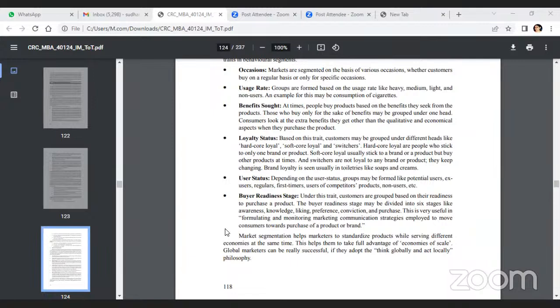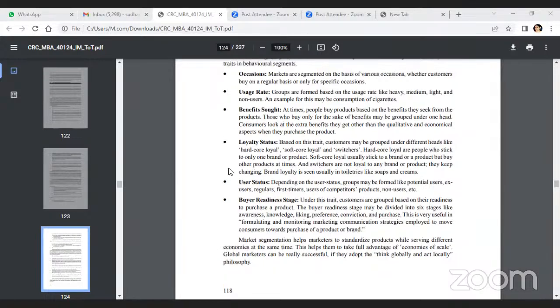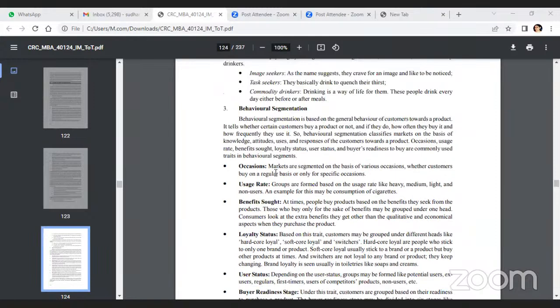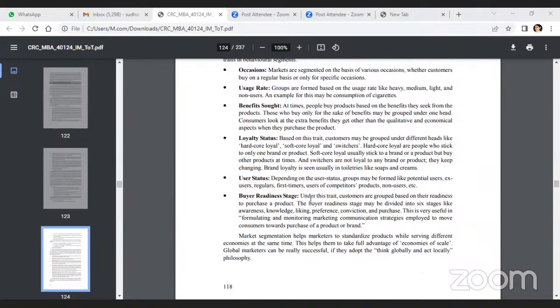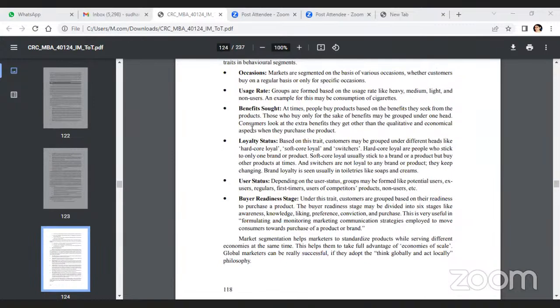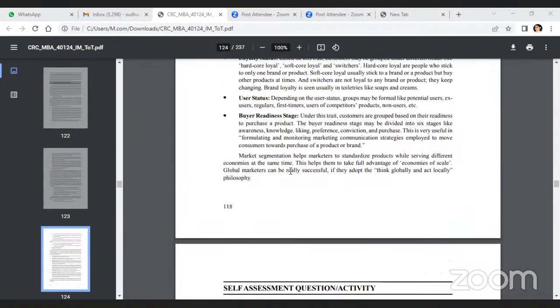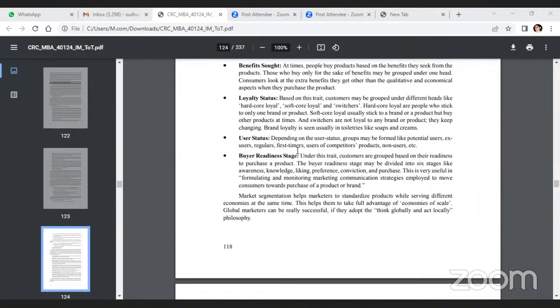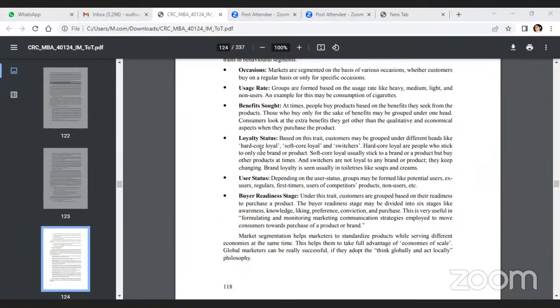Here, based on 6 stages, the readiness of the purchaser will be identified, like awareness of product, knowledge about the product, liking of the product, preference. All this data they get with the use of CRM tools, customer relationship management tools. This is a software and a cloud system that works behind every company's app.